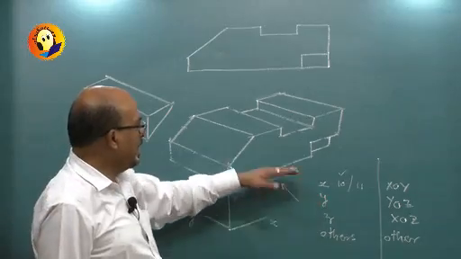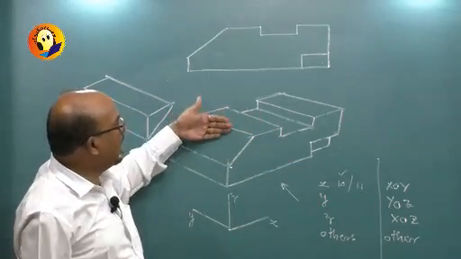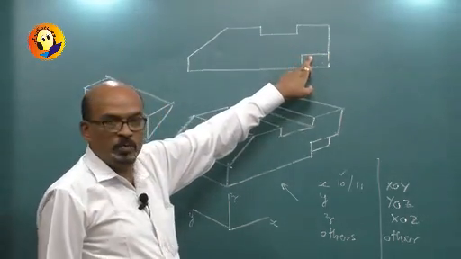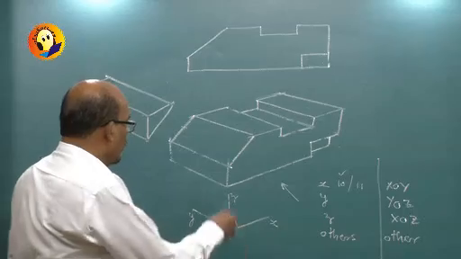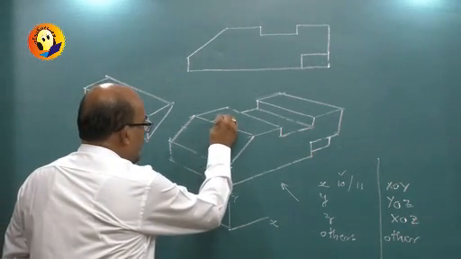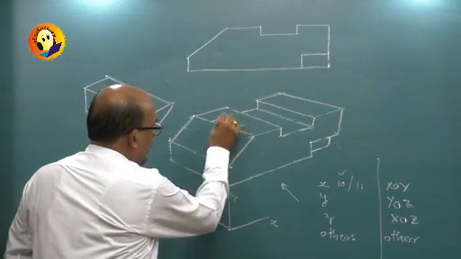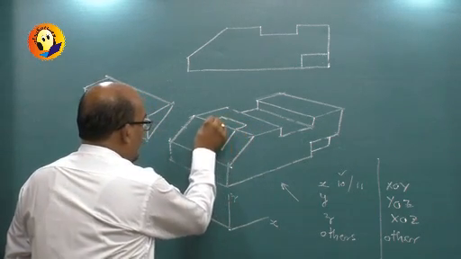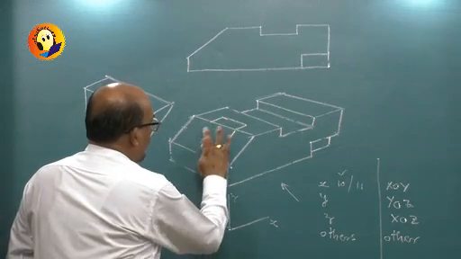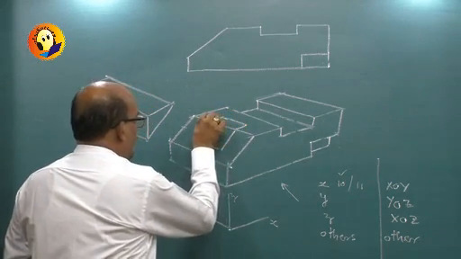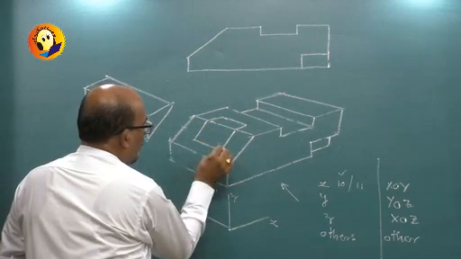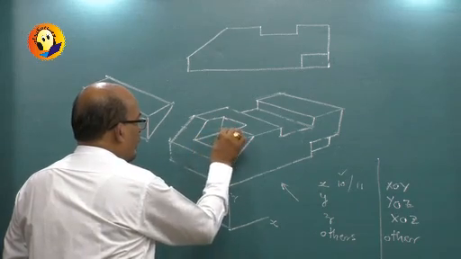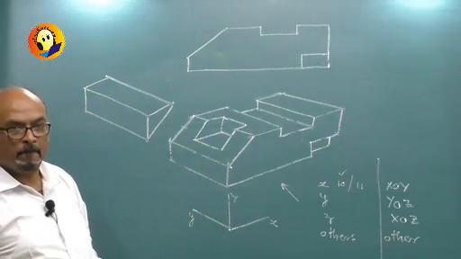Now I will modify it slightly because I don't have anything to draw. Now comes the back plane. Back plane is directly like this. It doesn't have these two. Right? Now suppose what has happened?